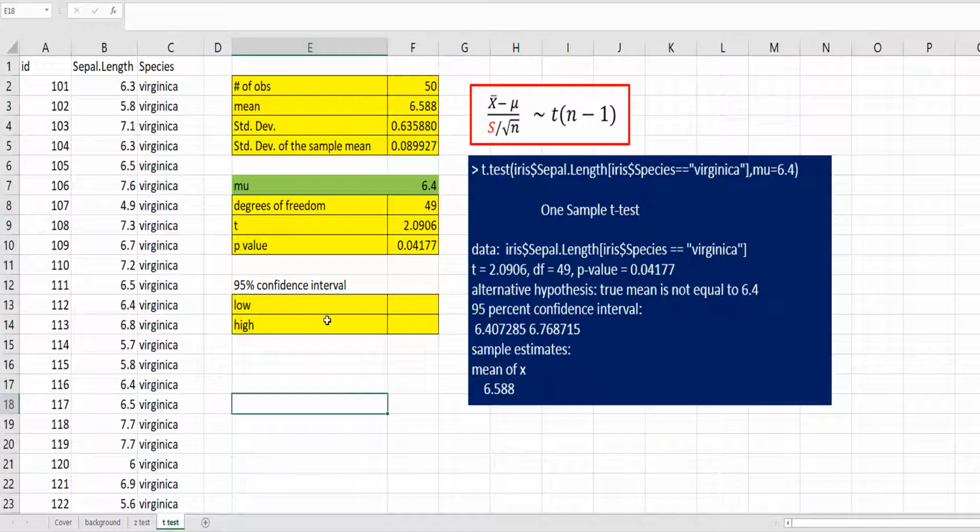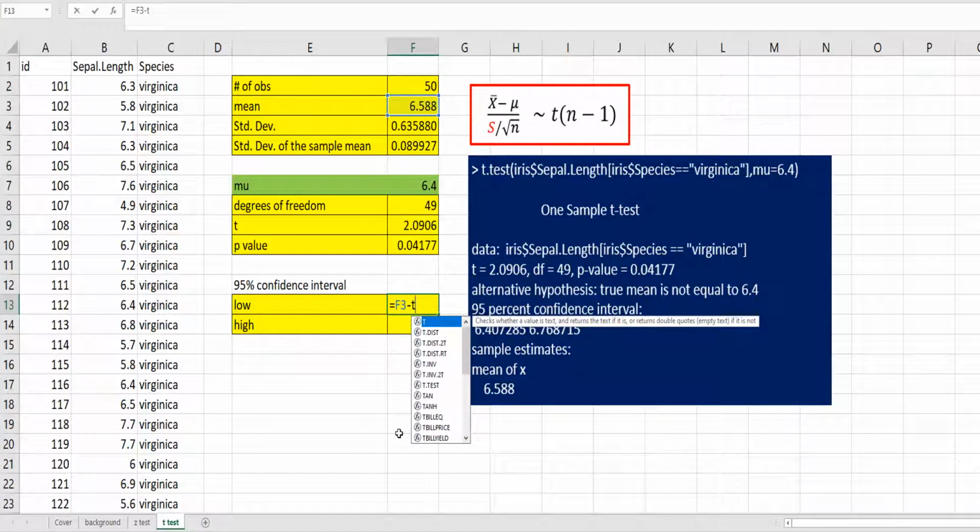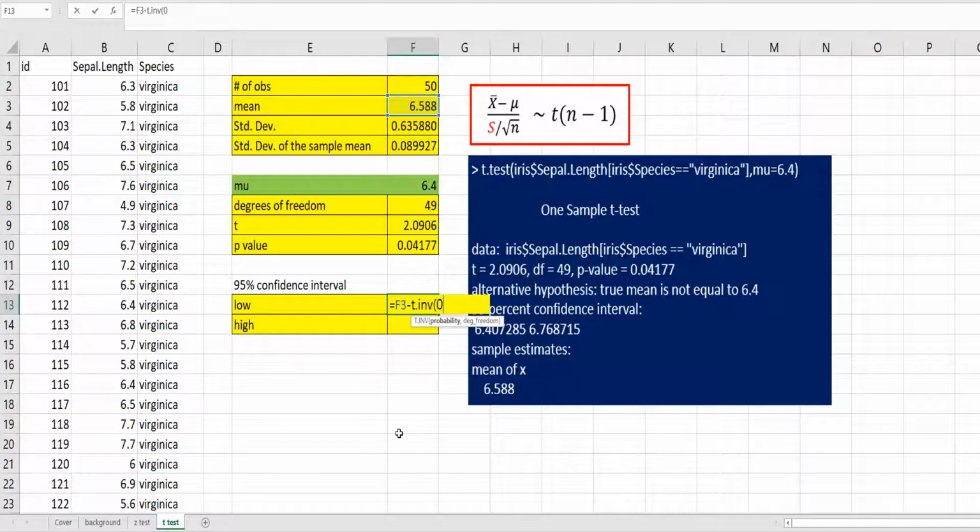Right. Finally, let's calculate the 95% confidence interval for the T-test. So this one, so mean minus the inverse of the T distribution at 0.975, comma, degrees of freedom as 49, and times the standard deviation of the sample mean here.